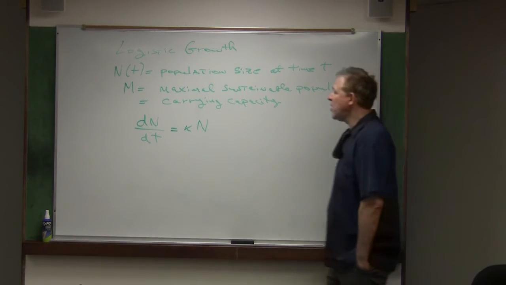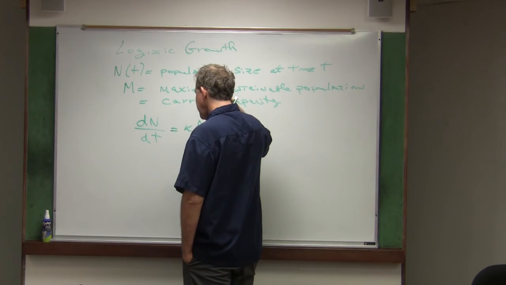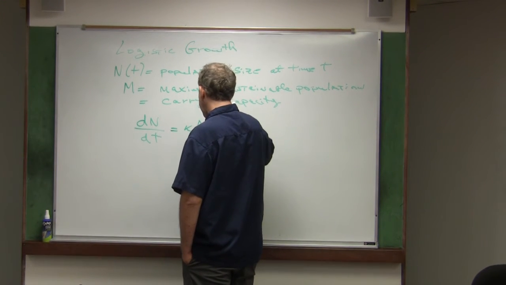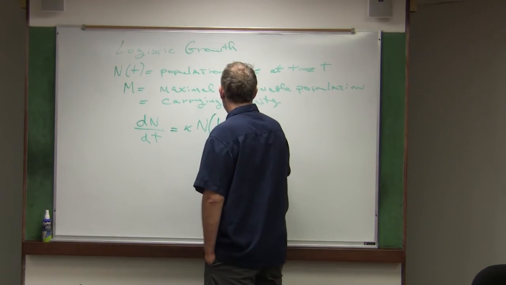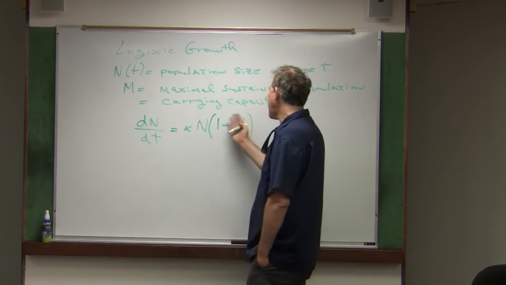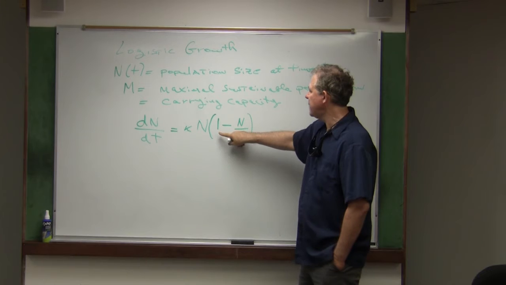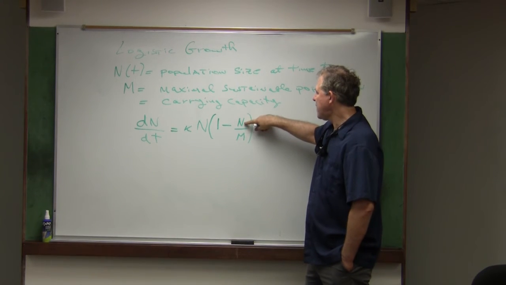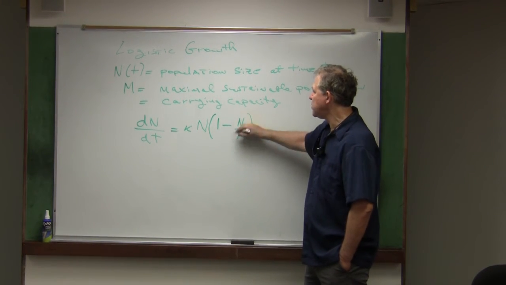But you also have to look at 1 minus N over M. In other words, this factor here is kind of a deterrence, because if N starts to get big and approach M, this is almost 1.